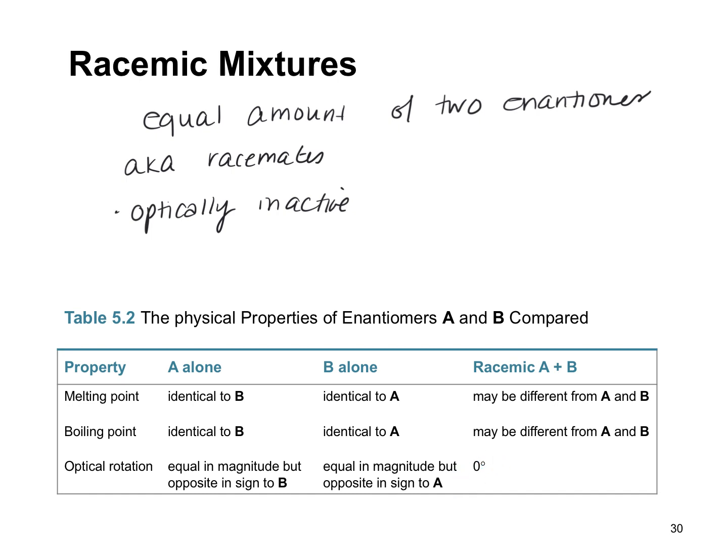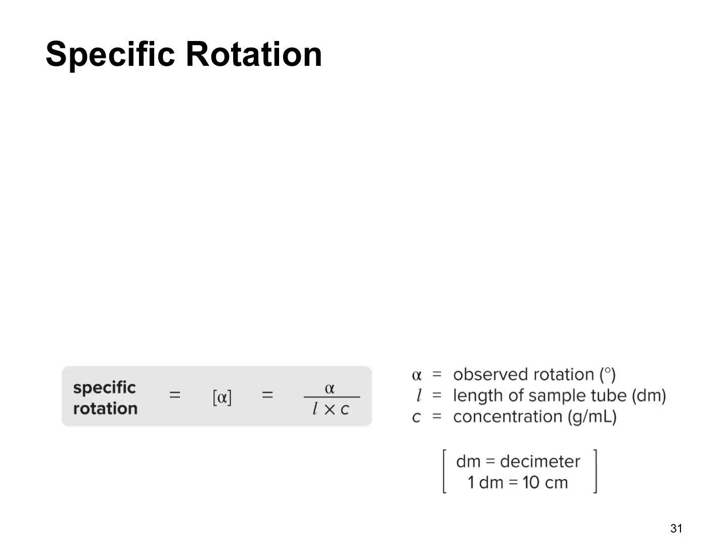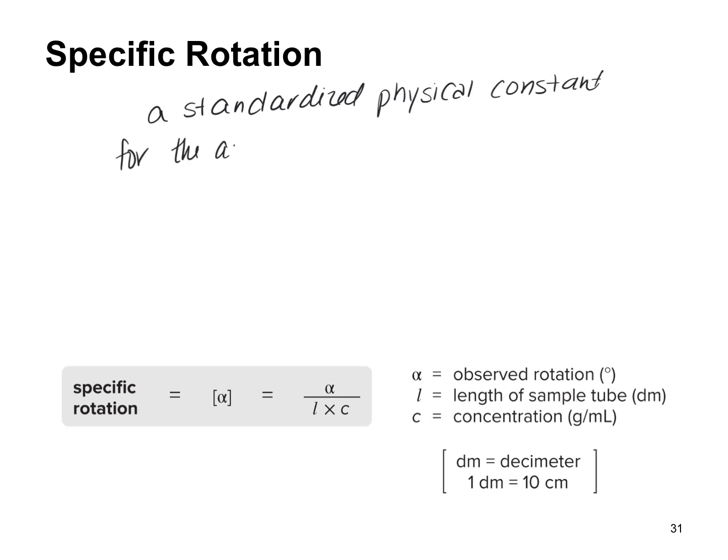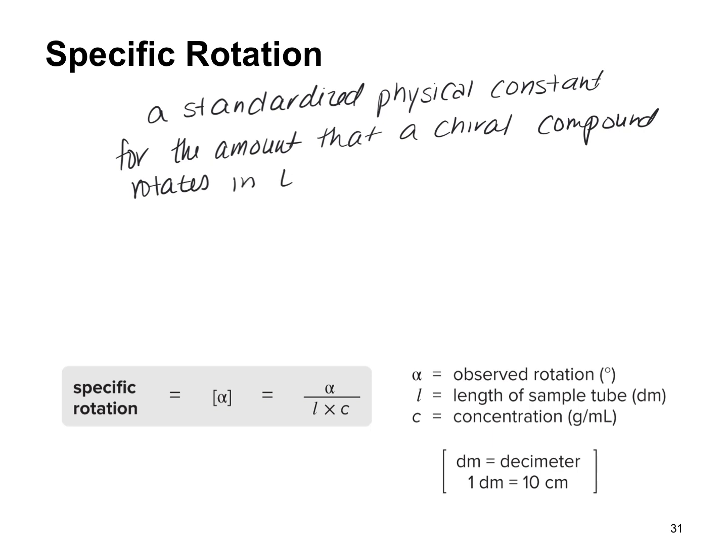So one of the things that we measure here is specific rotation. And specific rotation is just a standardized physical constant for the amount that a chiral compound rotates in light, okay?